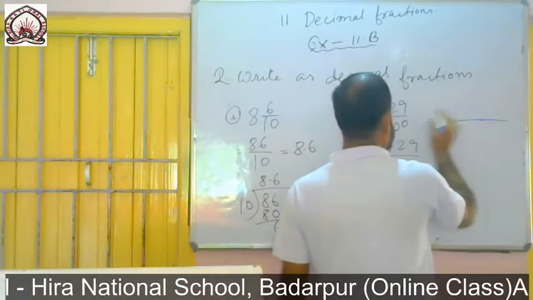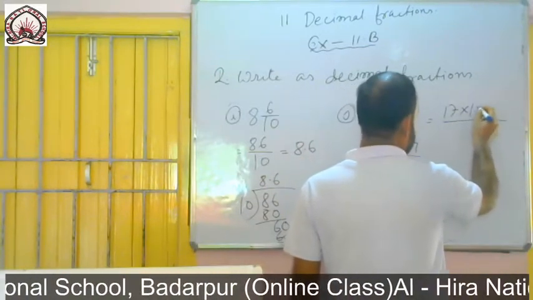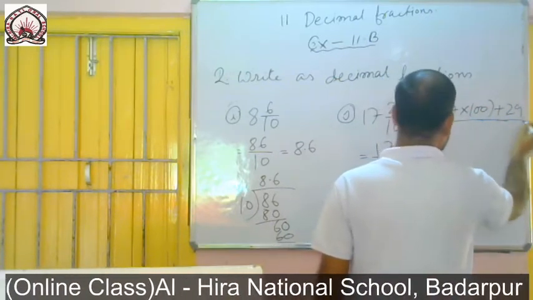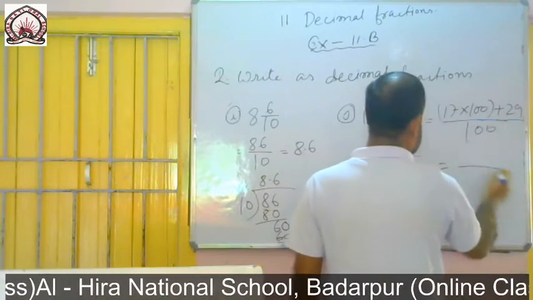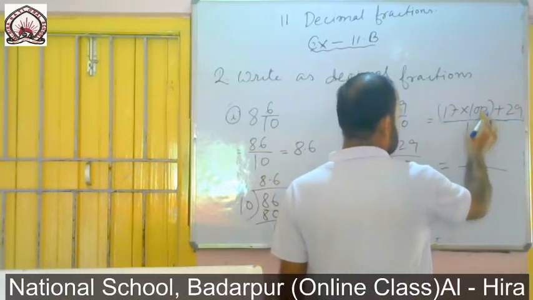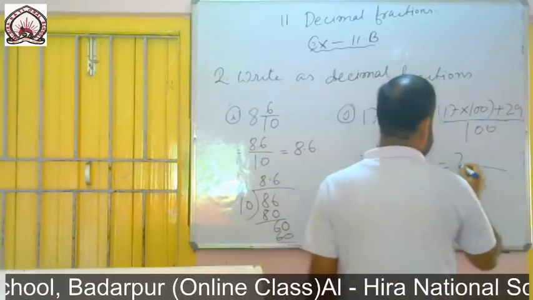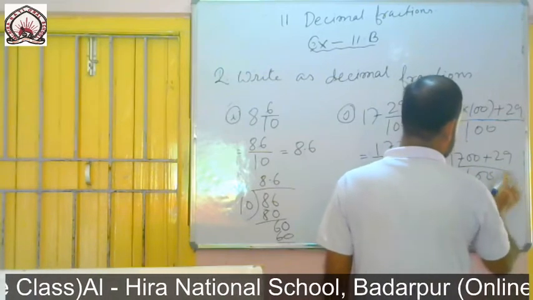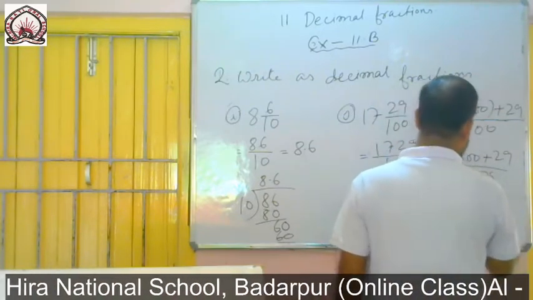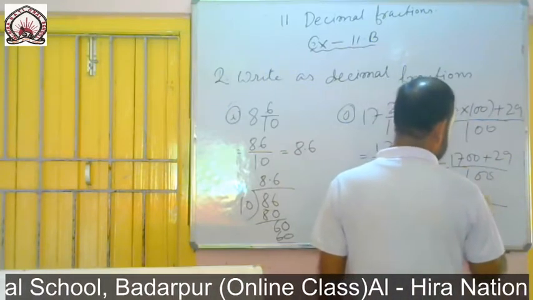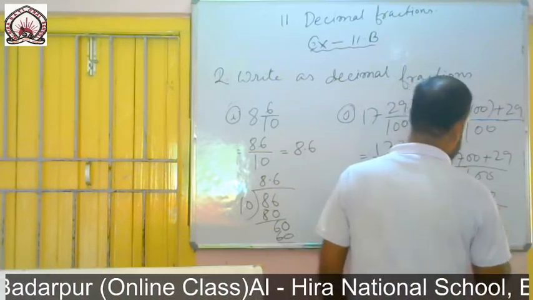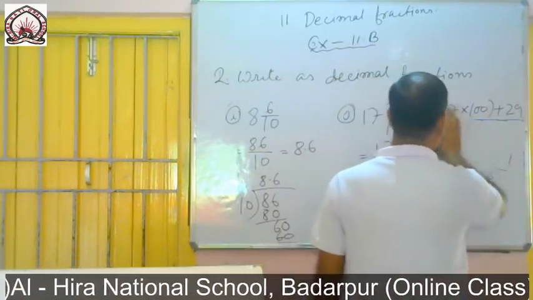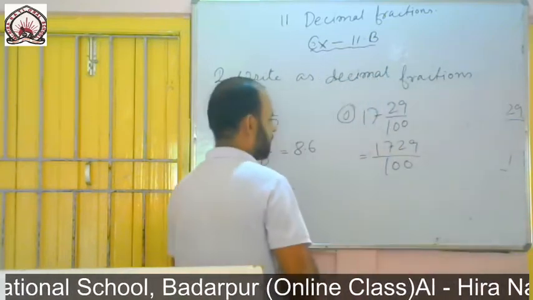So here 17 into 100 is 1700, plus 29 by 100. Now 1700 plus 29 equals 1729, so we get 1729 by 100.